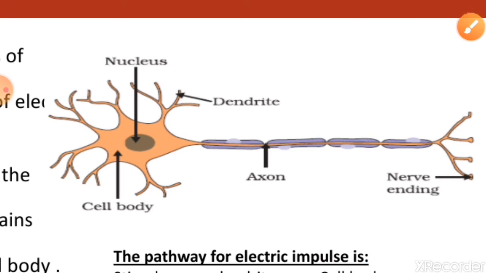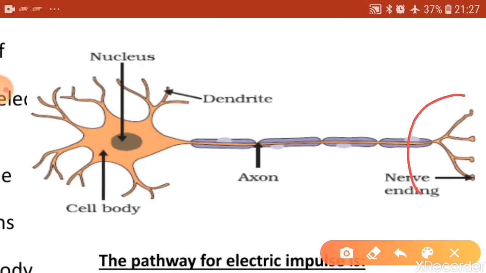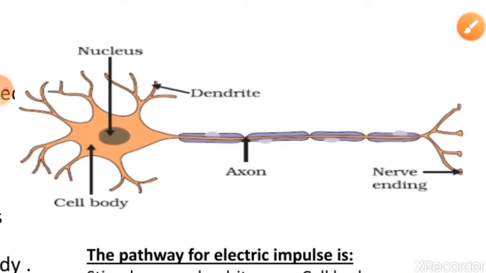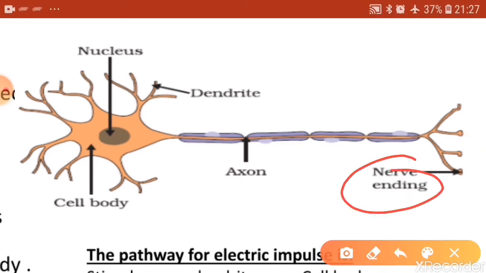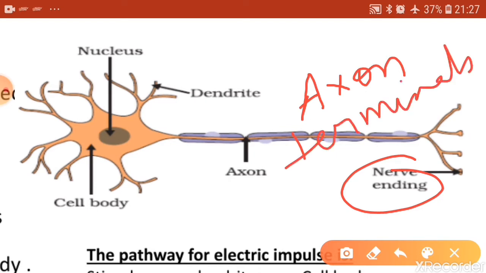The axon at the end terminates into branched terminals which are called nerve endings, or axon terminals, right?